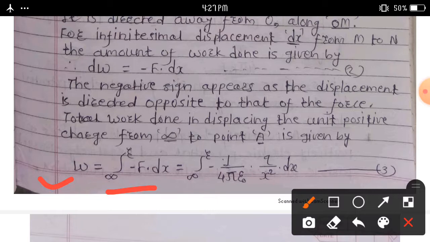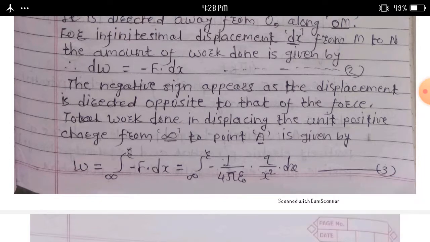Then we know from equation 1 that the electrostatic force is equal to 1 upon 4 pi epsilon naught into q upon x square. Then we can write W is equal to integration from infinity to r of minus 1 upon 4 pi epsilon naught q upon x square into dx.